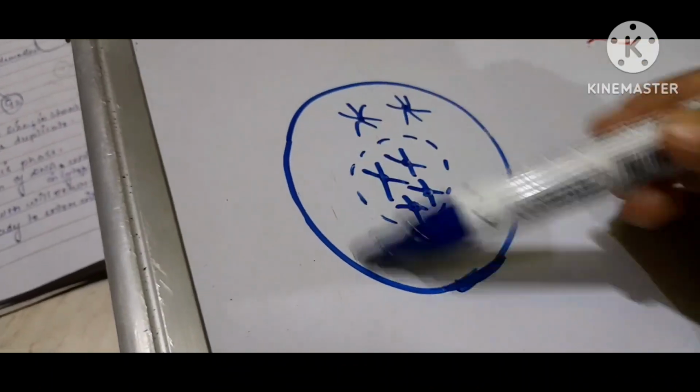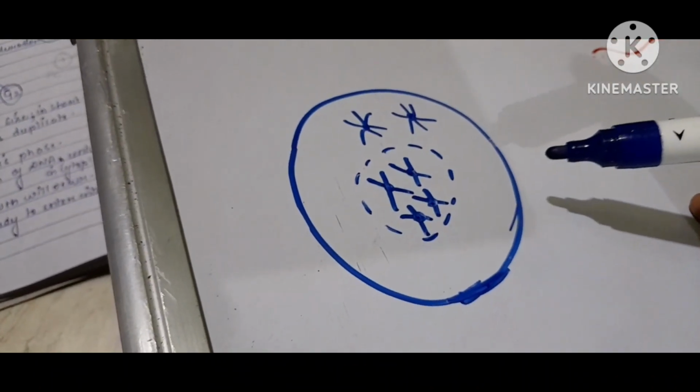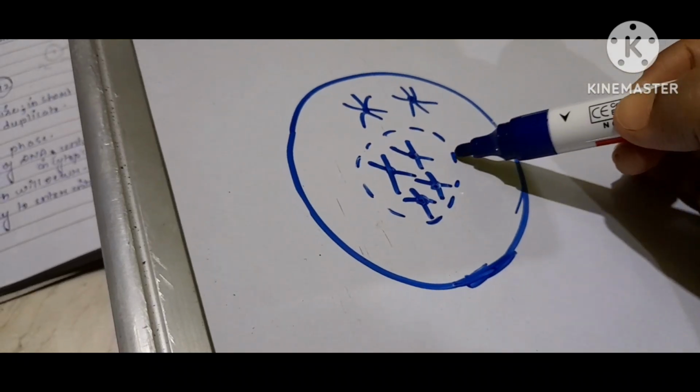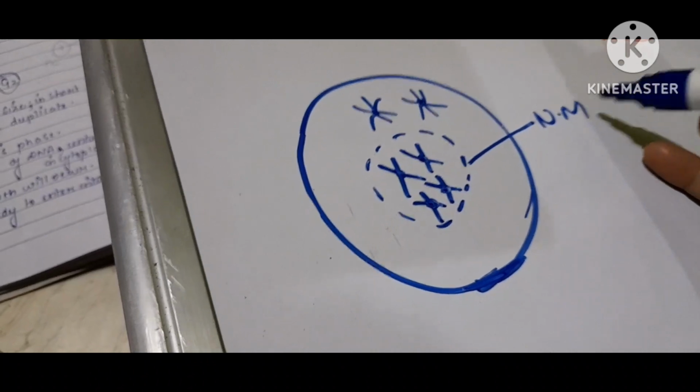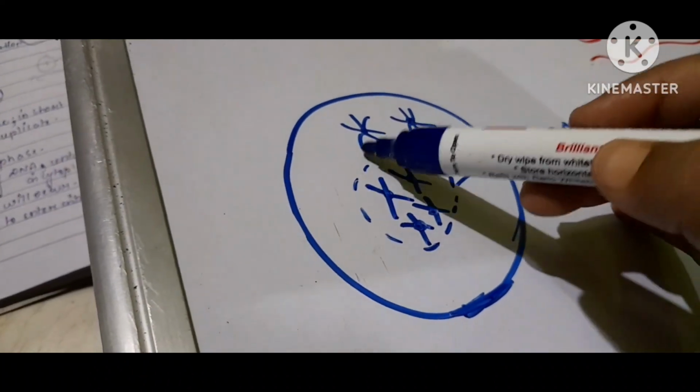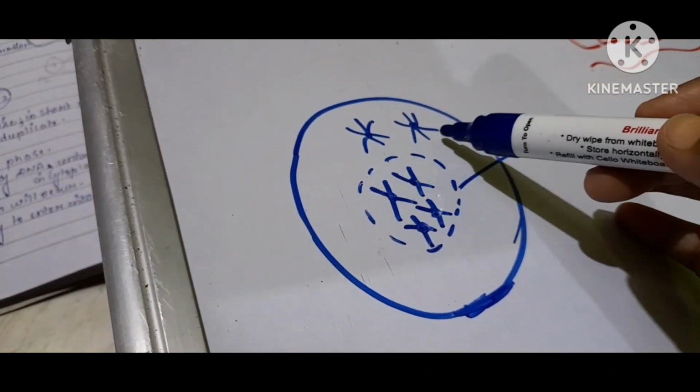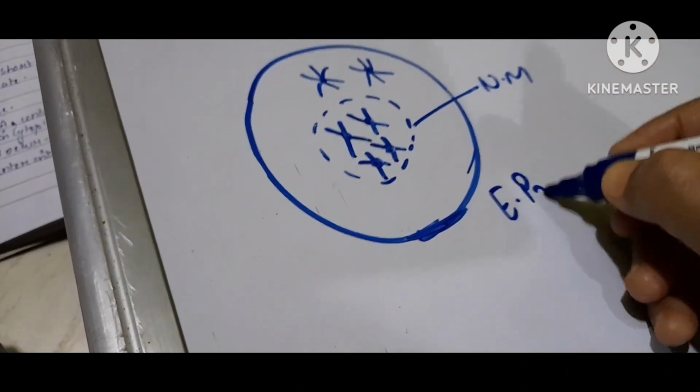Suppose this is a cell that is now undergoing prophase. This is the nuclear membrane which is disintegrating. After that, these are the centrioles which have divided in the cytoplasm, and this is early prophase, we can say.